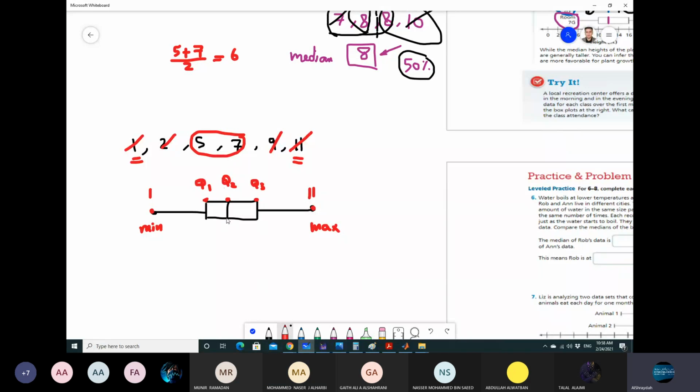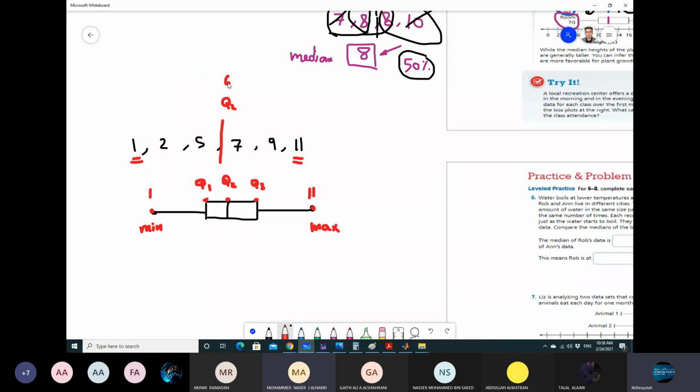So what is the value of Q2? 6. What do you mean by that value? It is 50%, located here. This is Q2, which is equal to 6.